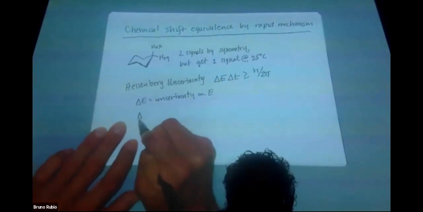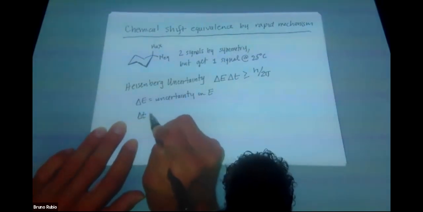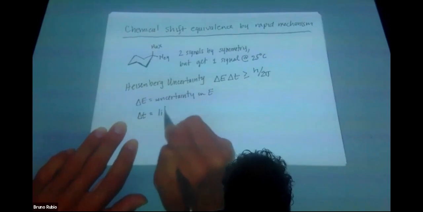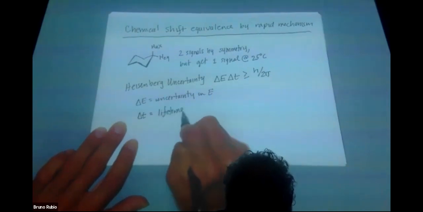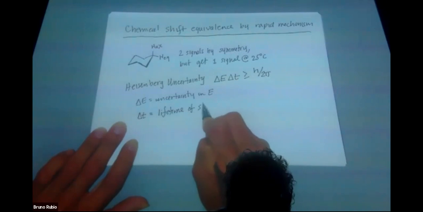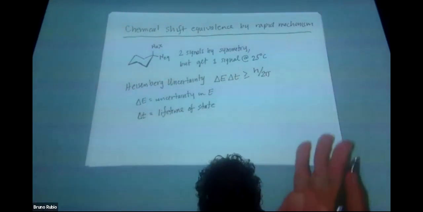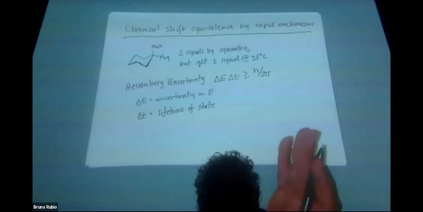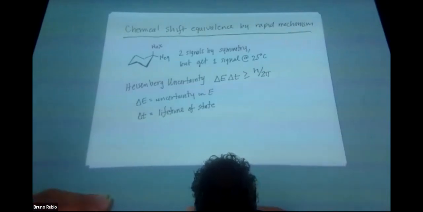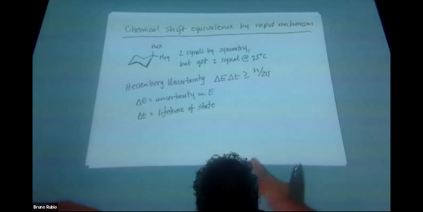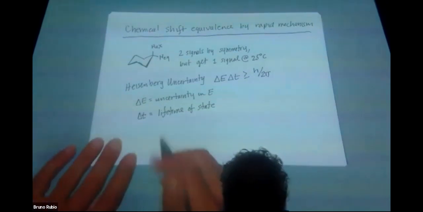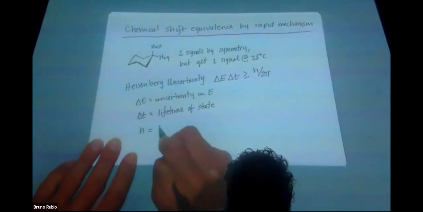All right, and delta T in this equation, this means the lifetime of the state or of the species or whatever it is whose energy you're trying to measure. So the uncertainty in the energy times the lifetime of the state has to be greater than or equal to Planck's constant divided by 2 pi.